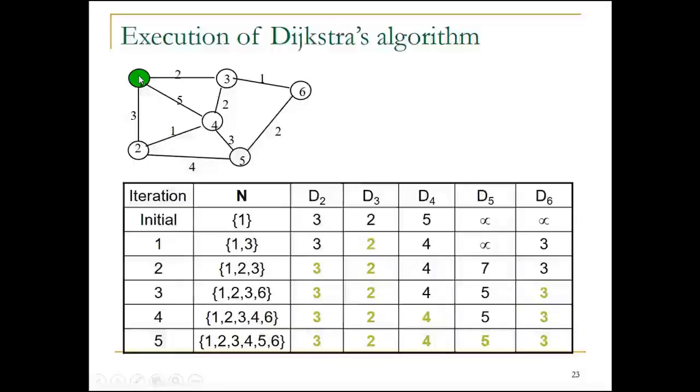Okay, so if we only have one node to work with as a link for our transmission, then it's pretty obvious that if we want to get to destination 2, we only have this path to take with a cost of 3. Then for destination 3, we have a cost of 2. For destination 4, we have 5.